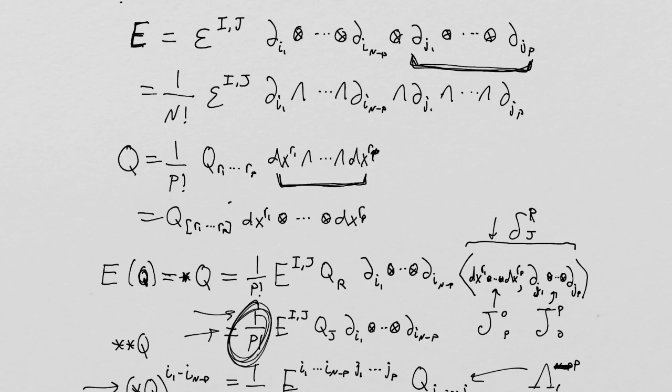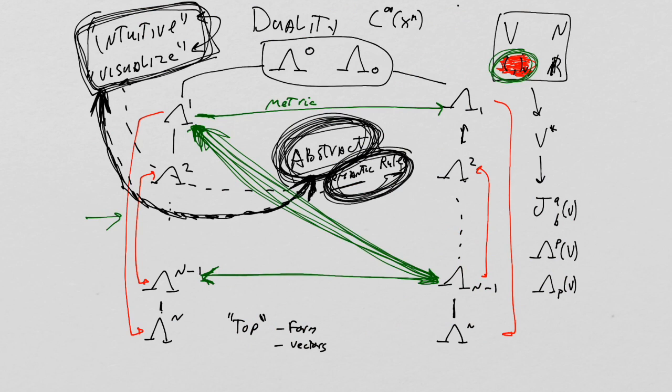regular 0p tensor. So what we're looking for now is the dual of Q with respect to E. And the dual of Q we know is going to be an n minus p vector, because we're looking for duality in this sense, right? If this is a p-form, we're looking for an n minus p vector. Of course, it works the same way in the other direction, but we're looking at it from this perspective right now.